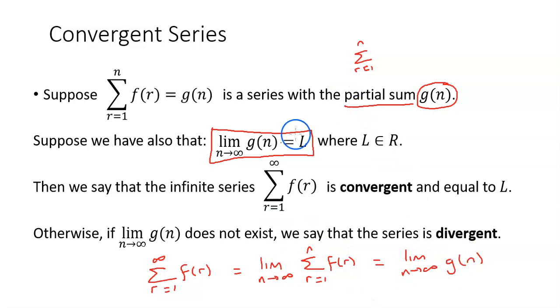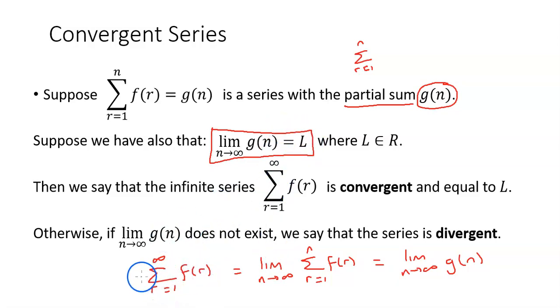If g of n gets closer and closer to some number L, the more of these terms we add on, so the bigger we let n get, if the entire sum gets closer and closer to some number, then we say that this series is convergent, and so that limit exists.